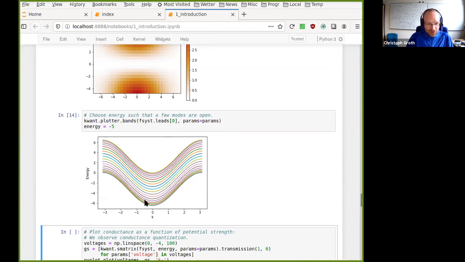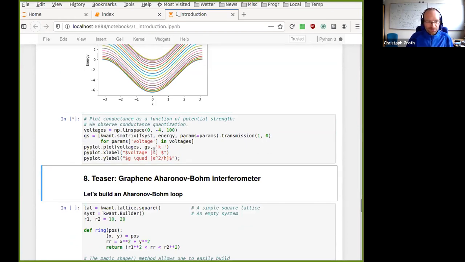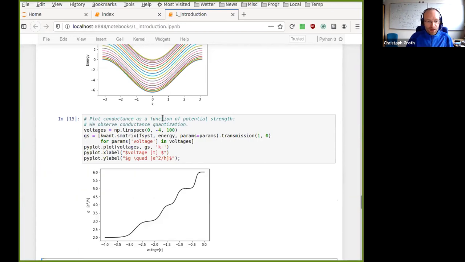And we can see that the lowest energy is around -6. So let's pick energy -5, then a few modes are open. And now, like before, we can plot the conductance, but this time I plot the conductance as a function of a parameter.